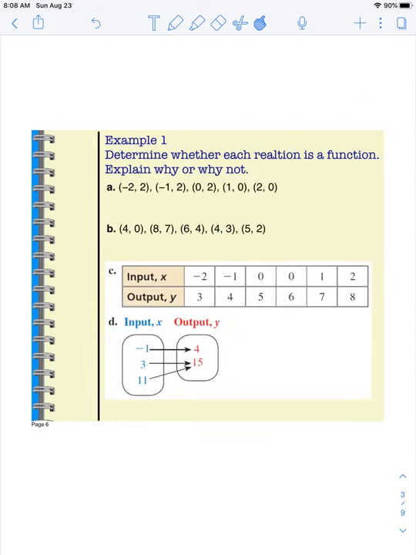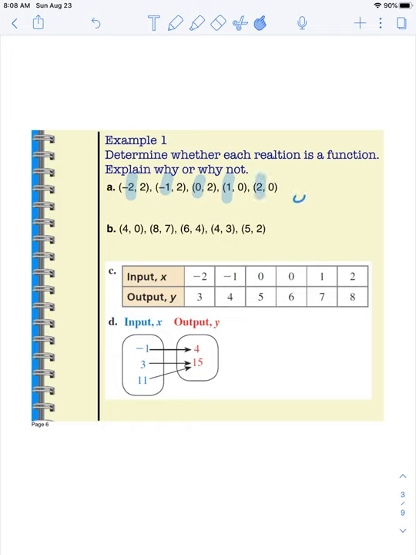All right, example 1, determine whether each relation is a function. Explain why or why not. So when we're looking at relations, to decide if it's a function or not, we're looking to see if x repeats. Remember, the definition of a function is there's exactly one output for every input. That means your inputs cannot have multiple outputs. So we're going to look at the x values in A. I see negative 2, negative 1, 0, 1, 2.